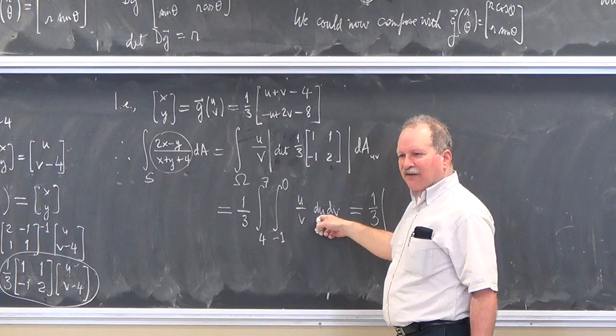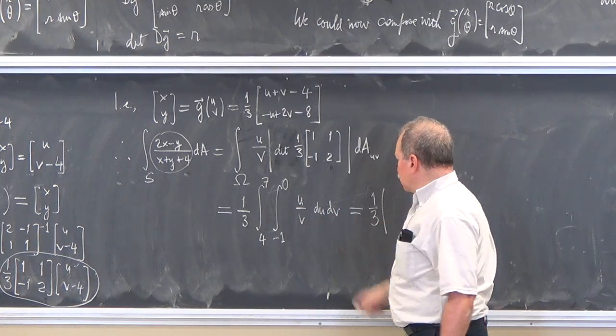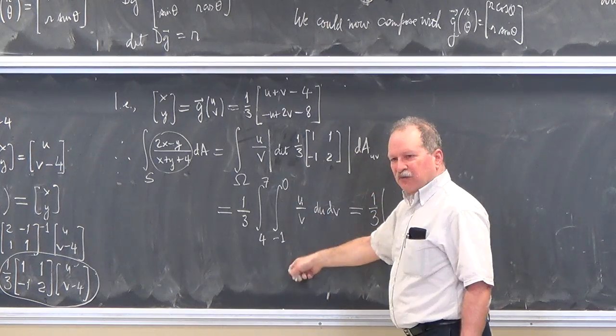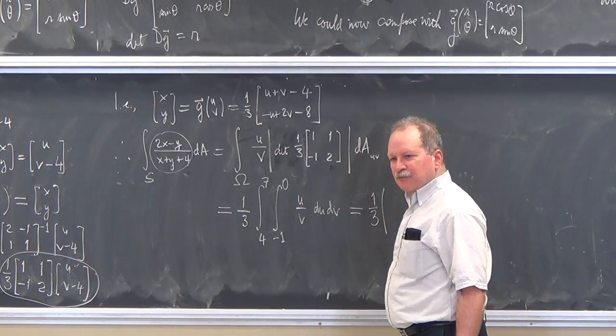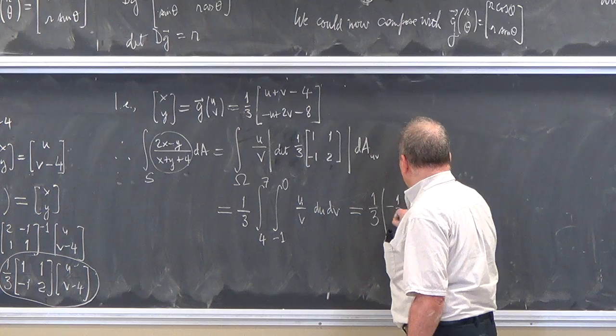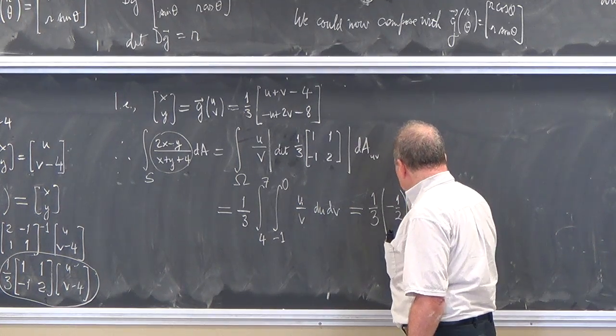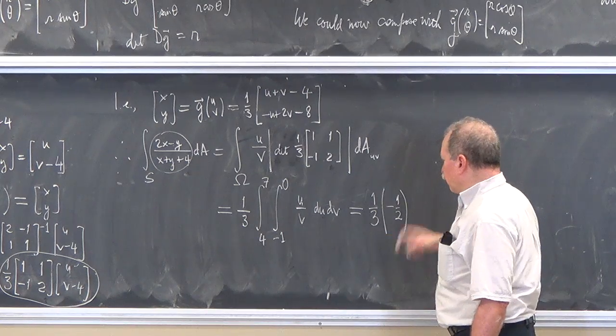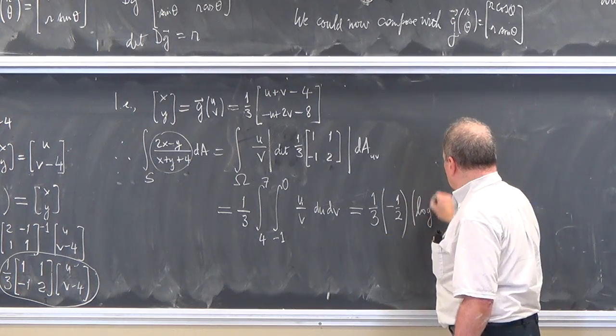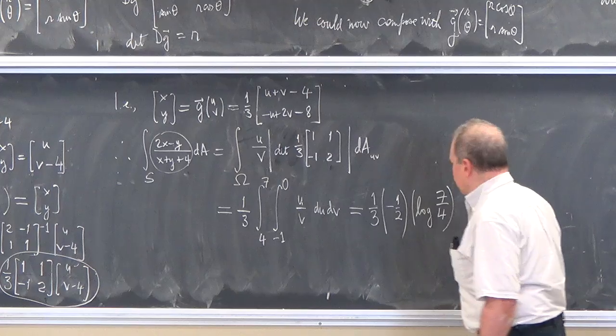So you get 1/2 u squared from -1 to 0. And then you integrate 1 over v, and you get log v from 4 to 7. So you get that answer.